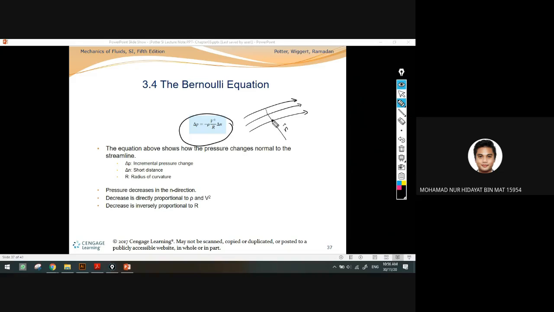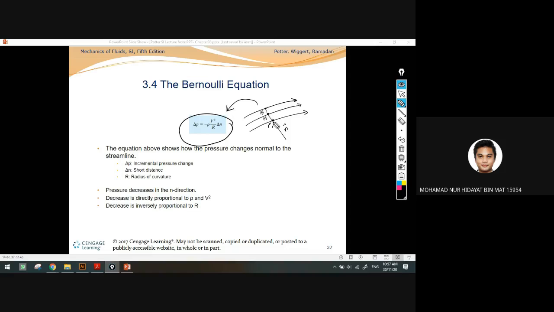So for the pressure at point 1, point 2 and point 3, you can calculate directly based on this formula.